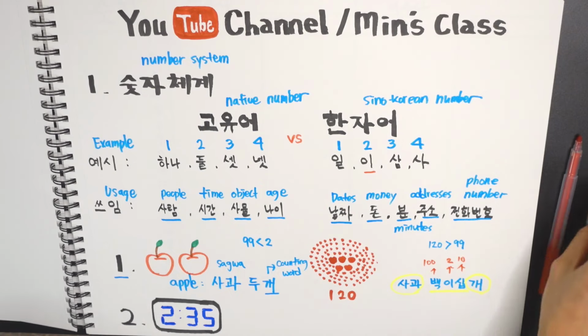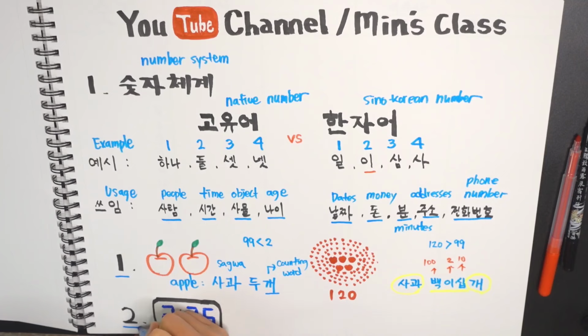Okay, another example would be how to read time. So over here, we have an electric clock that reads 2:35.